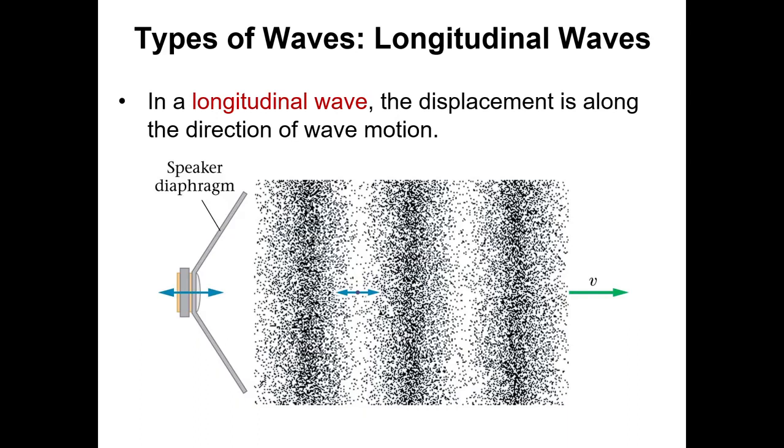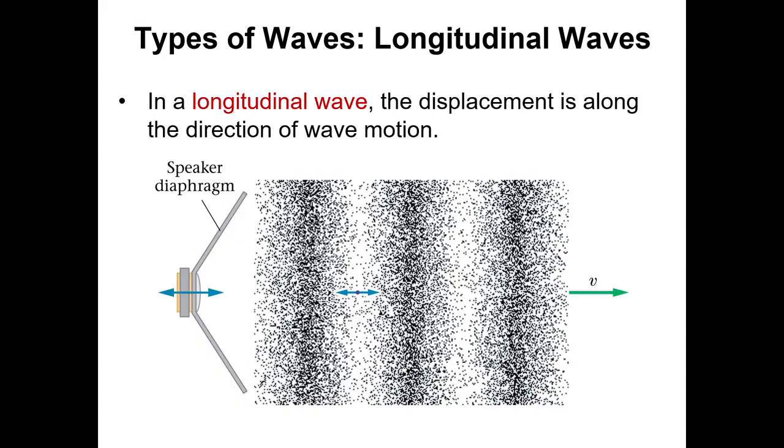And then when it reaches the eardrum in our ear, it causes the eardrum itself to shake. And then the rest is biology, which I will not attempt to explain. I will leave that for your biology, physiology, anatomy professors to do. Okay. So all we need to know is sound waves are longitudinal waves.